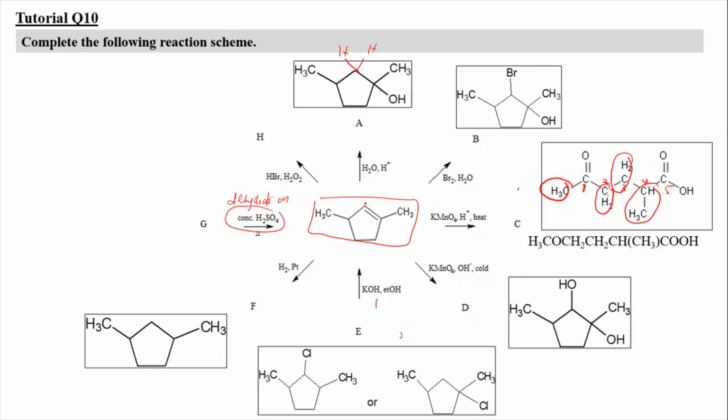You know that H is usually here originally, and you can add OH here and hydrogen here. Or you can change the side: OH is going to be here and hydrogen is going to be there, so that when you remove H and OH, a carbon-carbon double bond is going to be produced.